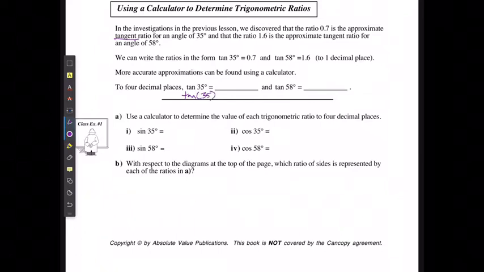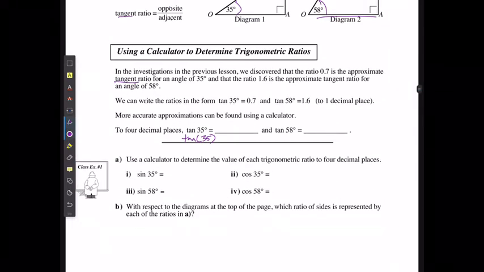Now, in order for this to work, your calculator has to be in degree mode. So, if your calculator is not currently in degree mode, if you're on a TI 83 or 84, you're going to click the mode button.